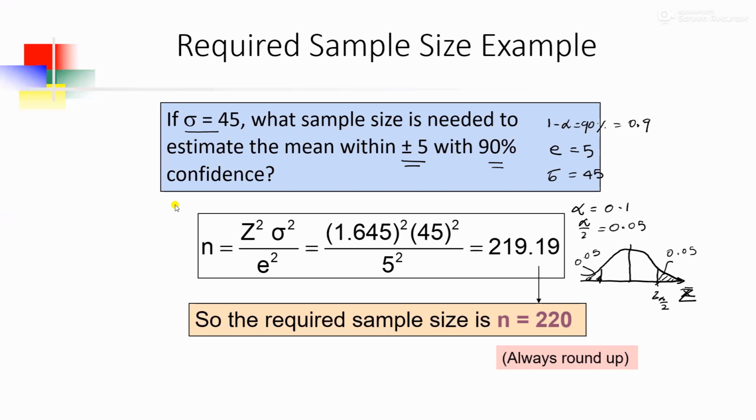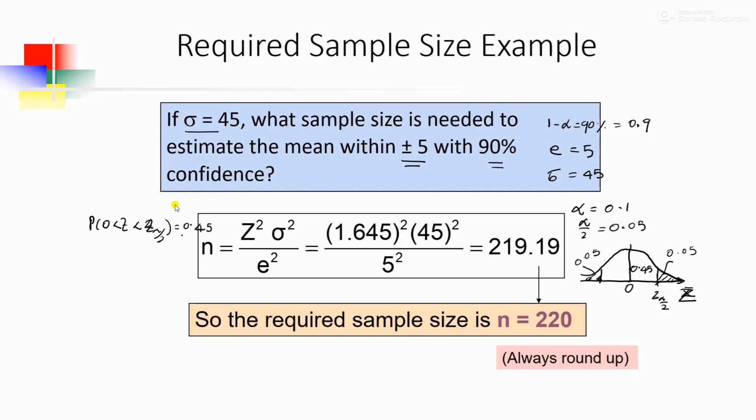If it is 0.05, then half of this is 0.025, and half of this area is 0.45. So now we can say that the probability of 0 less than Z less than Z alpha by 2 is equal to 0.45.